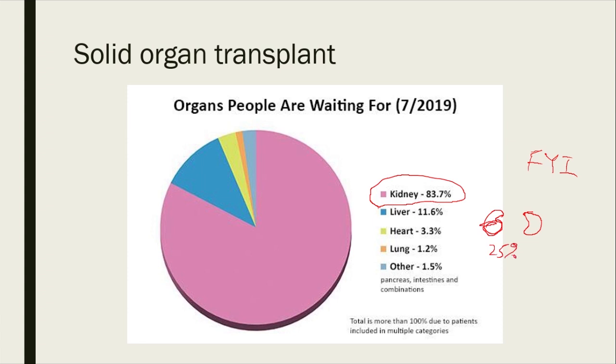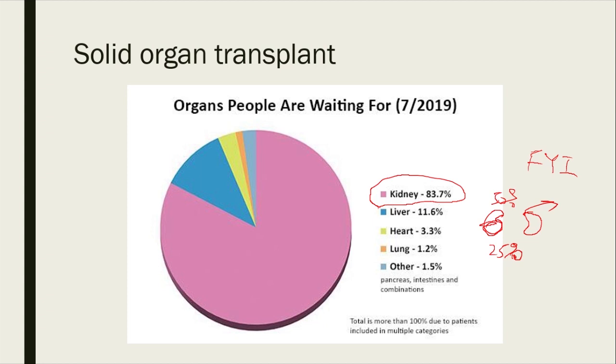If you have 25% functional kidney, you can lead quite a normal life. So that's why people can donate one of their kidneys and they still have 50% of the kidney function that can help maintain their balance.